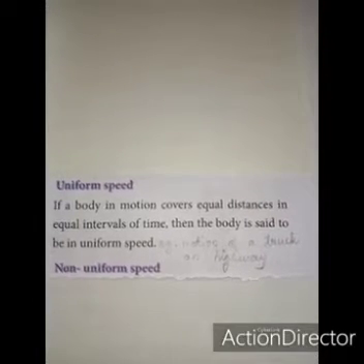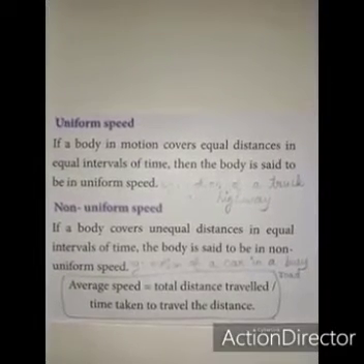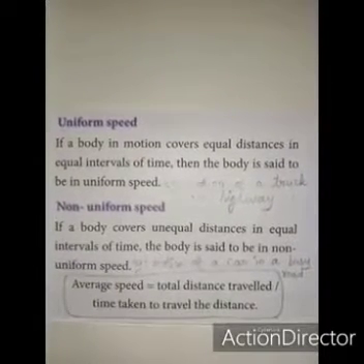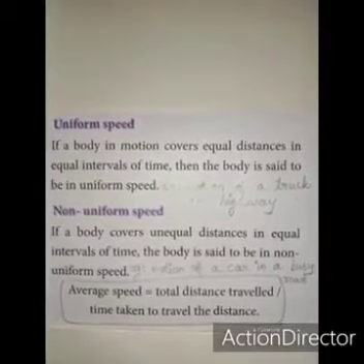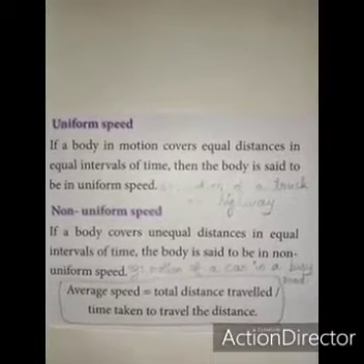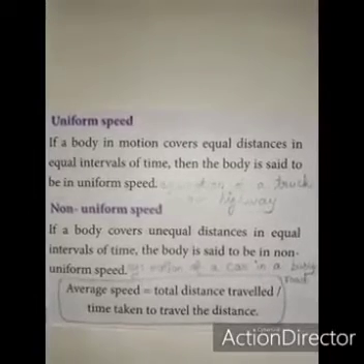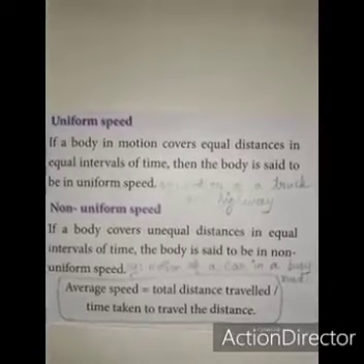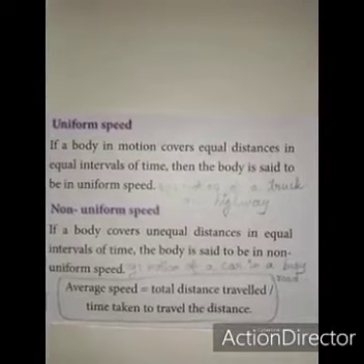Then what is non-uniform speed? If a body covers unequal distances in equal intervals of time, then the body is said to be in non-uniform motion. Example, motion of a car on a busy road. On a busy road, there may be many obstacles, signals or anything.